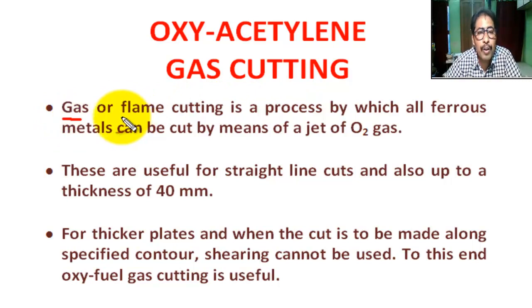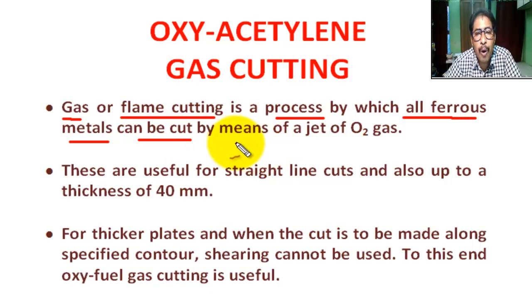Gas or flame cutting is a process by which all ferrous metals can be cut by means of a jet of oxygen gas.